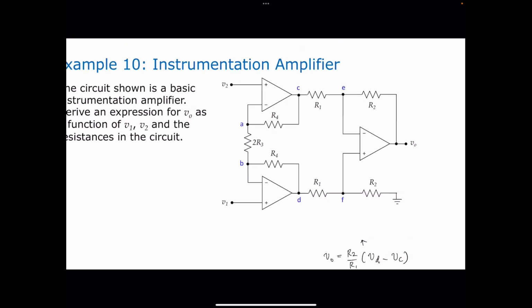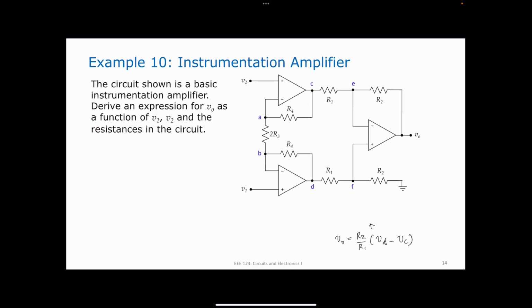Note: you cannot do a KCL at C because we do not know the output current of the op-amp.